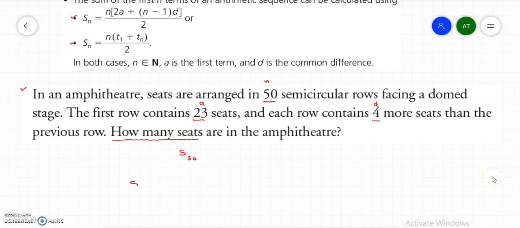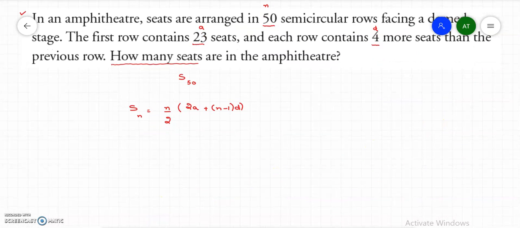So let me write down the first formula. Sn is equal to n by 2 into (2a plus (n minus 1) into d). Okay, so let me substitute all the values one by one and simplify it.